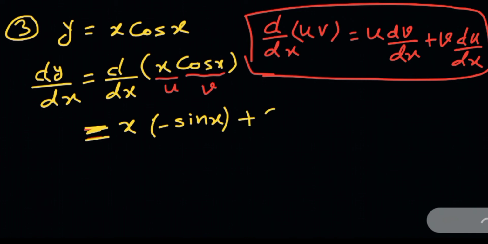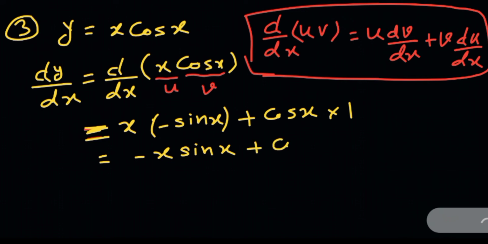V means cos x, so see carefully, and the derivative of u with respect to x: the derivative of x with respect to x will be 1. So in this way we get minus x sin x, that is x into minus sin x is minus x sin x, plus cos x. So this is our dy upon dx.